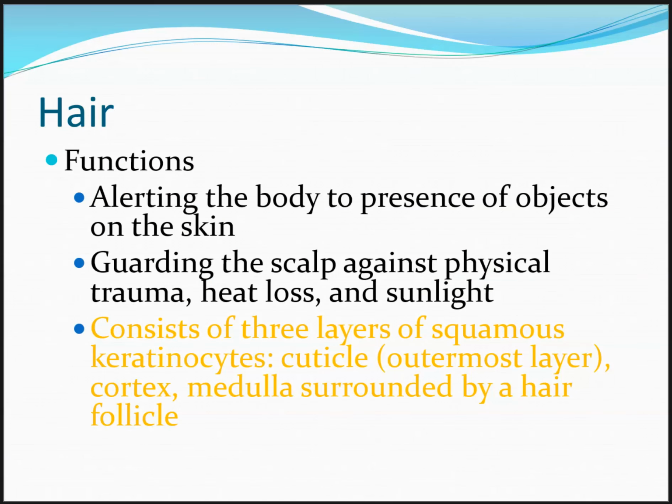So the hair consists of 3 layers, which is the squamous keratinocytes, which is the epithelial tissue that surrounds the hair, and it contains the cuticle, which is the outermost layer, a cortex, and the medulla that is surrounded by the hair follicle. And the hair follicle contains certain structures known as arrector pili.